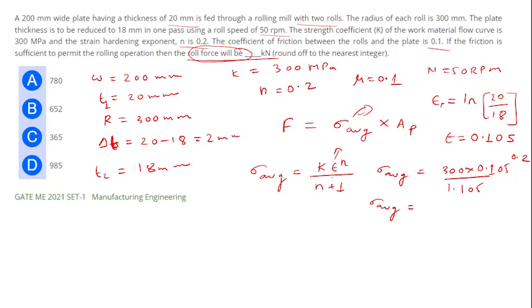N plus 1 it is, right? Okay, sorry. It will be 1.2. 159.29. Okay. Sigma average is 159.2829 MPa.